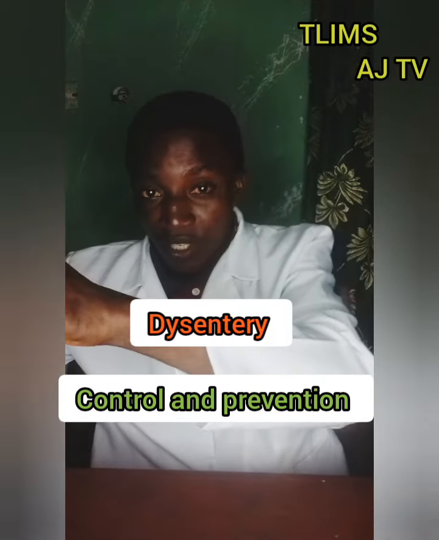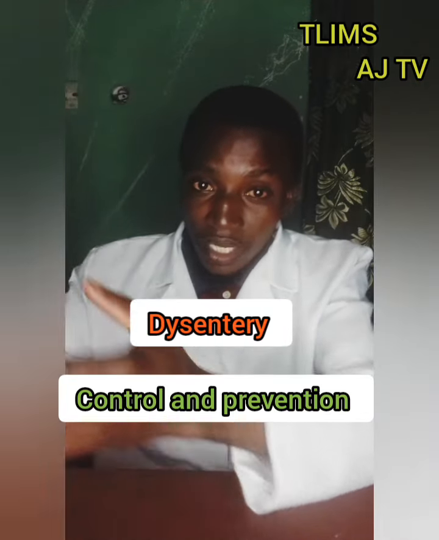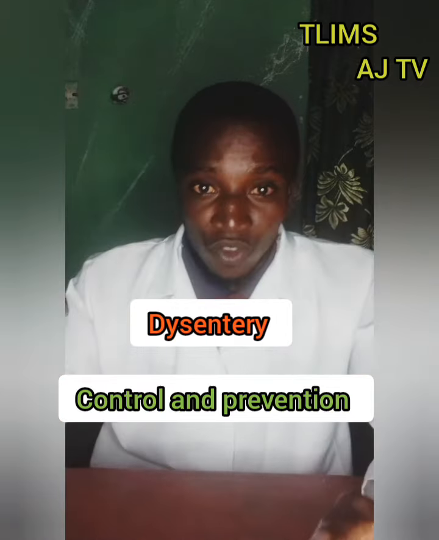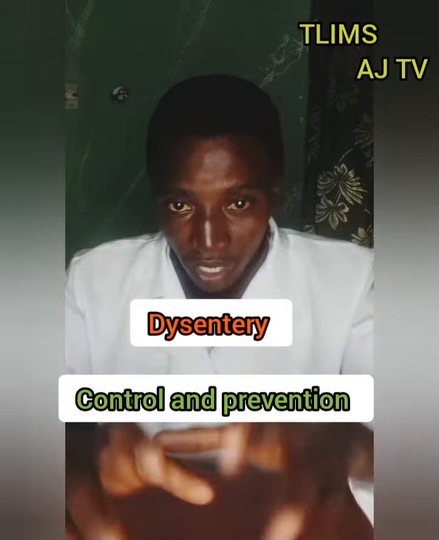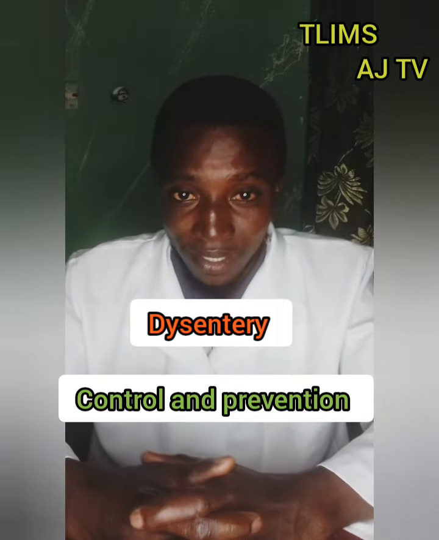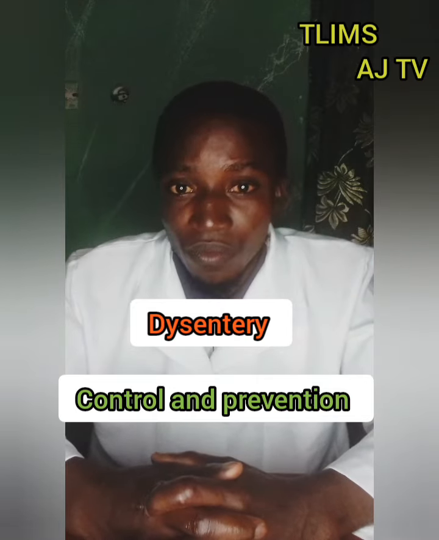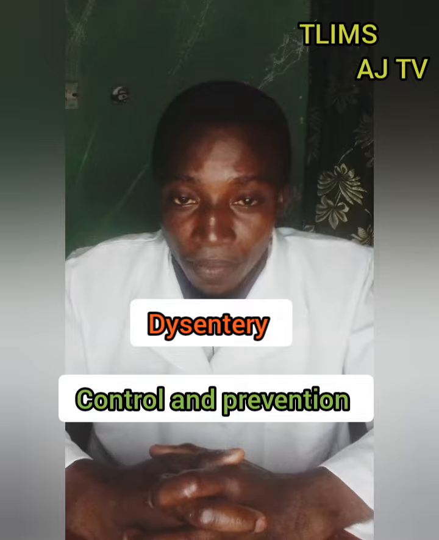Flies bring them from the feces of the person that has it. Carrying them, flies serve as the vector. They perch on our food and deposit them in the food. So when we eat, automatically we contract this infection by getting this parasite inside our body.